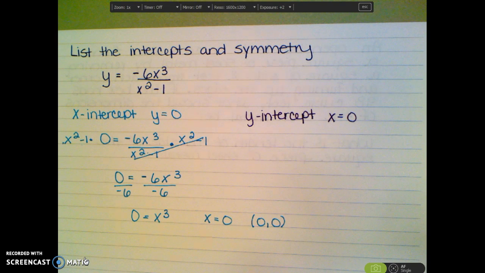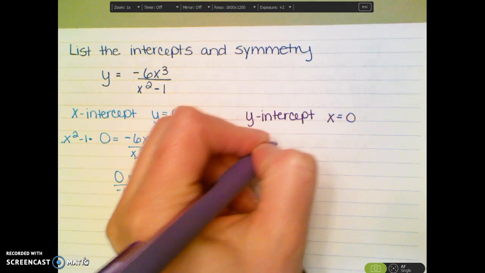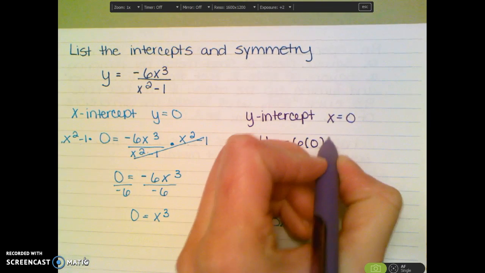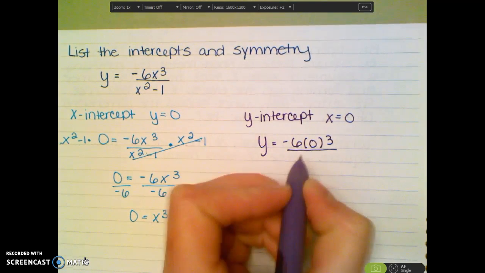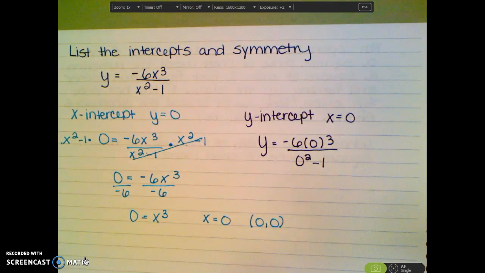So every time we see x, we're going to replace it with 0. So I'm going to have y equals negative 6 times 0 cubed over 0 squared minus 1. Okay? Now we're solving for y, sorry.